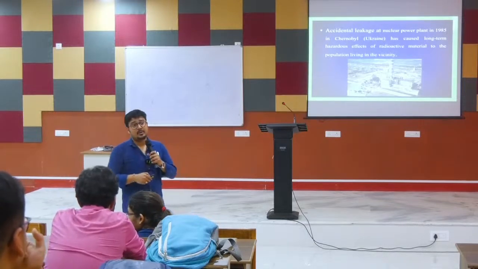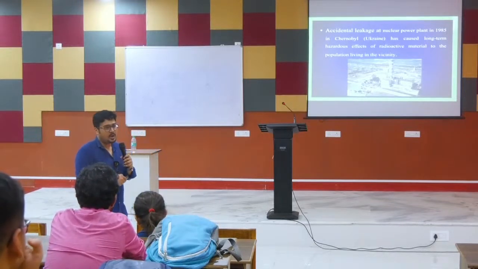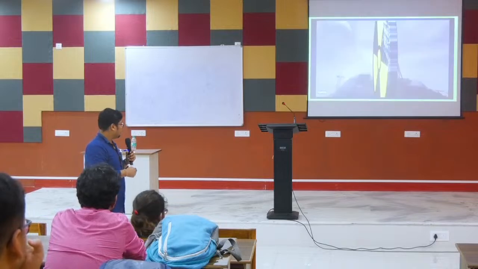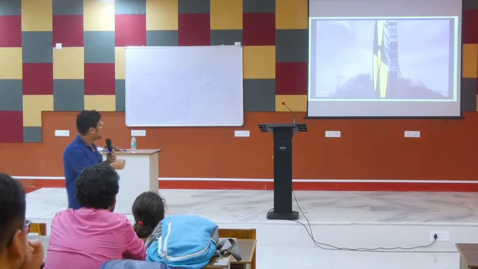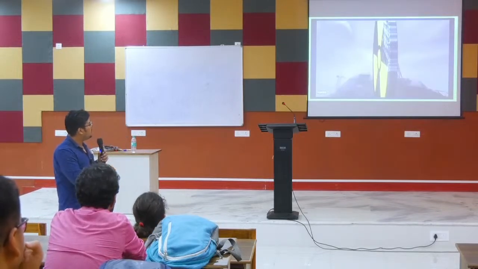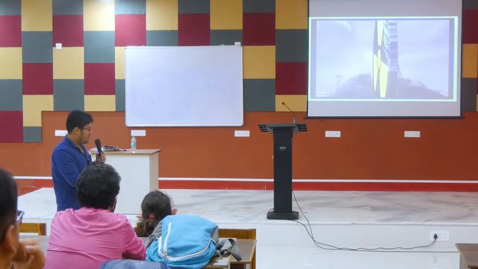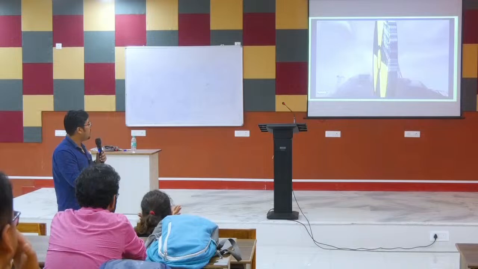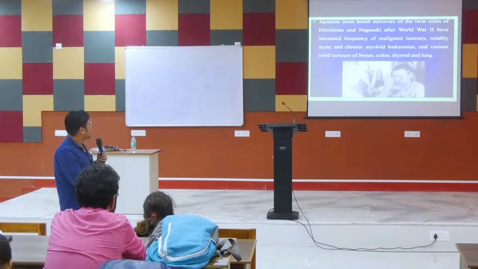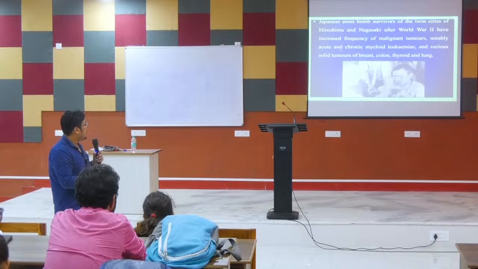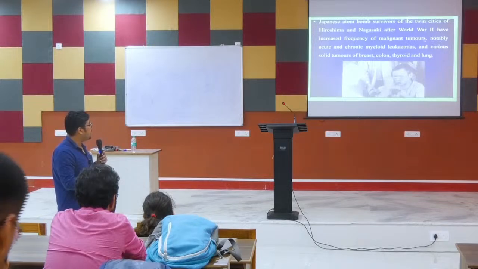The survivors of Hiroshima and Nagasaki, the Fat Man and the Little Boy, this is the biohazard or atomic hazard emblem. Okay, toxic, radioactive, toxic. Japanese atom bomb survivors are more prone to develop malignant tumors, both solid tumor and liquid tumor.